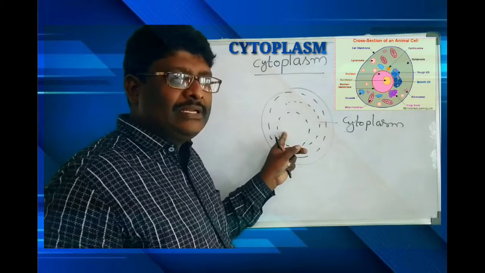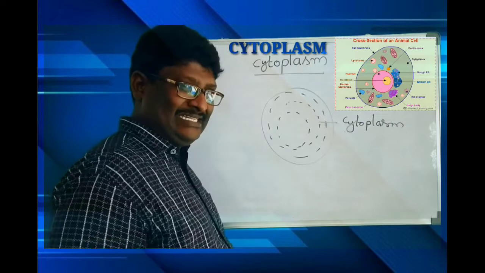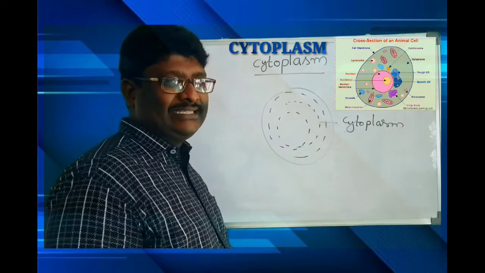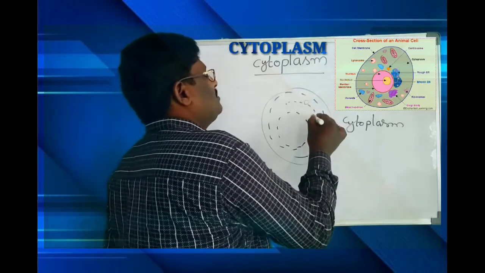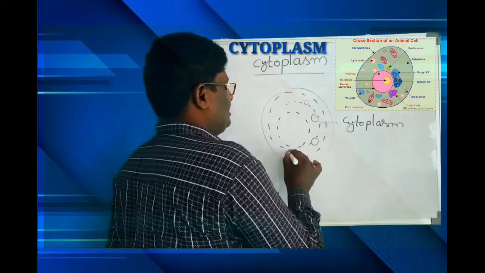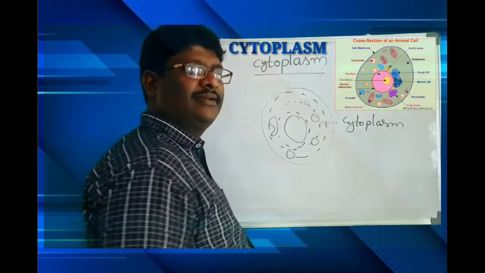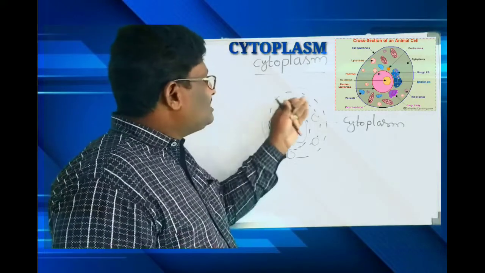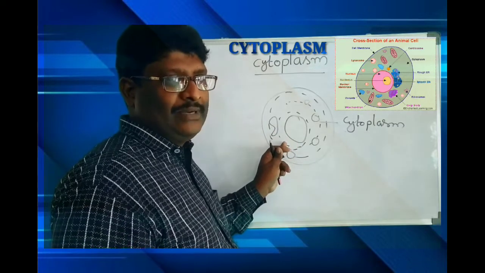So, in the cytoplasm only, all the cell organelles are present. Is it right? Ribosomes, lysosomes, Golgi apparatus, endoplasmic reticulum, mitochondria, nucleus. These all are cell organelles, present inside the cytoplasm.